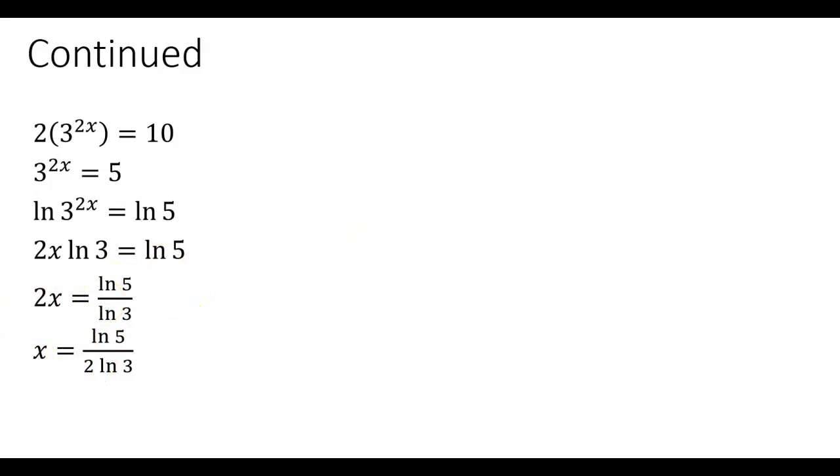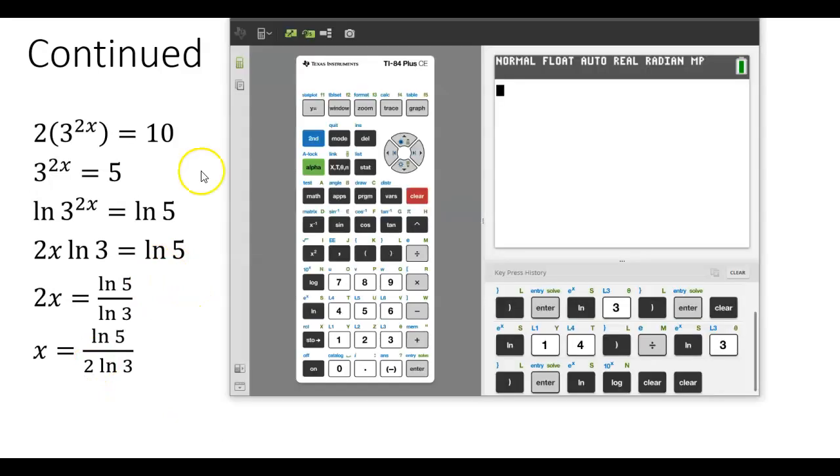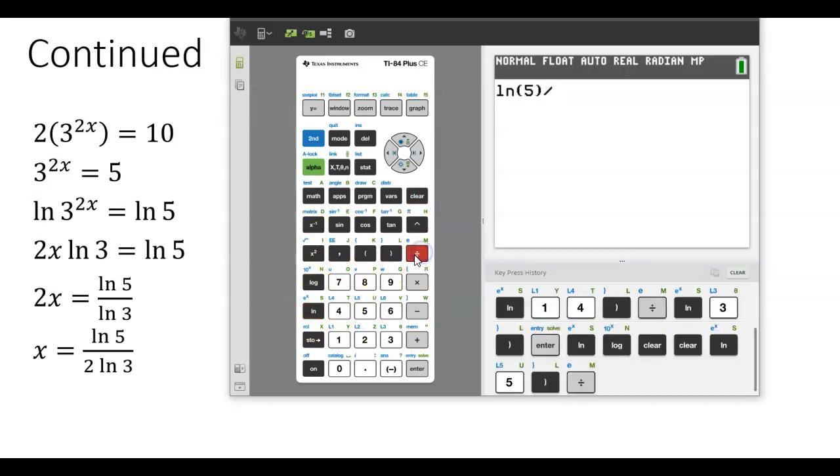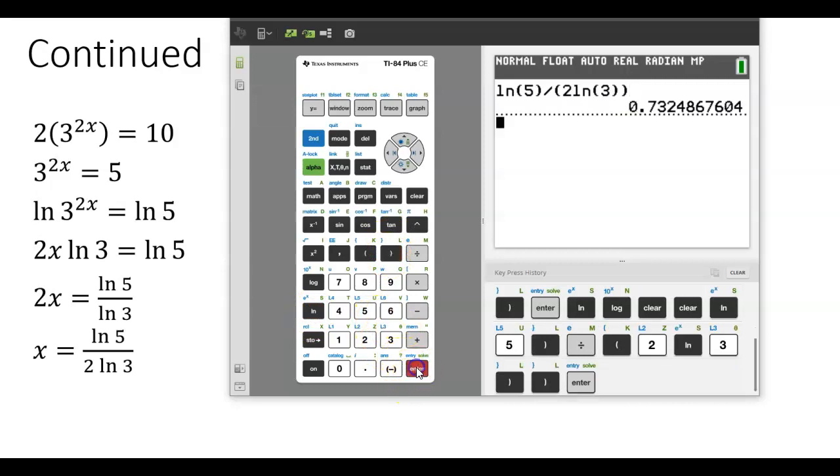And if we go to our calculator and we do natural log of 5 divided by, and put the entire bottom in parentheses, 2 times the natural log of 3, close parentheses, we're going to get 0.7325 approximately. Now let's just try with a regular log.